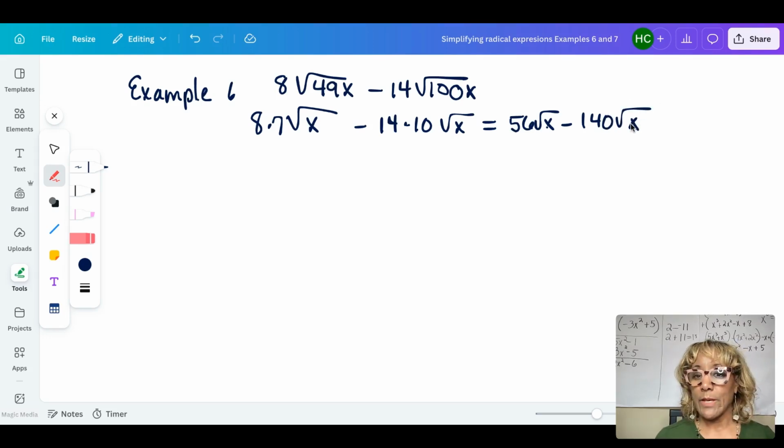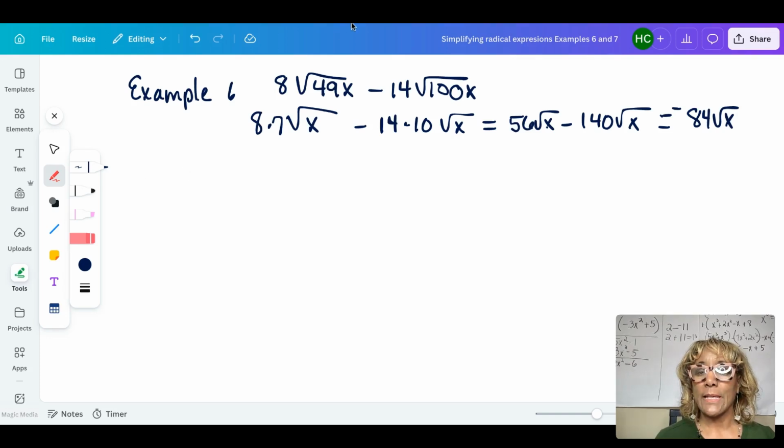And then we can subtract those two. 140 minus 56. So that's going to give me a negative 84 square root of x. Yes, I can fit it in there. Okay, perfect. All right, you got that one?